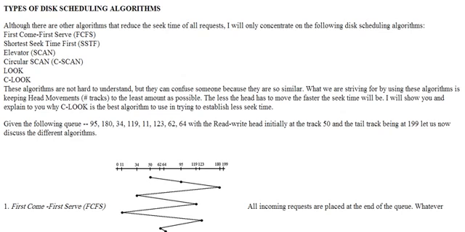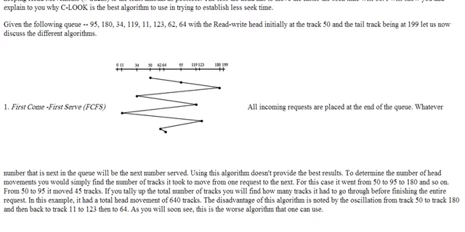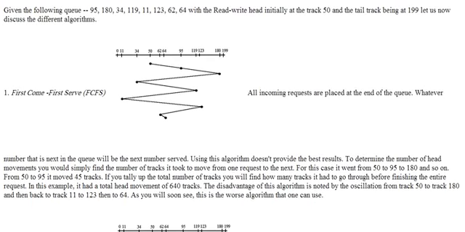And we have the elevator SCAN algorithm, and circular SCAN or C-SCAN. Also, in addition, we have LOOK and C-LOOK. In this tutorial, we're going to cover these algorithms one by one. Let's get started with the first one, first come first served, FCFS.